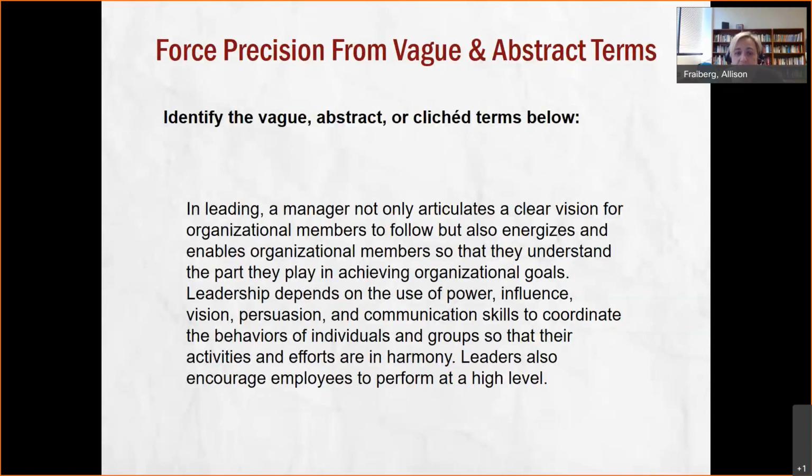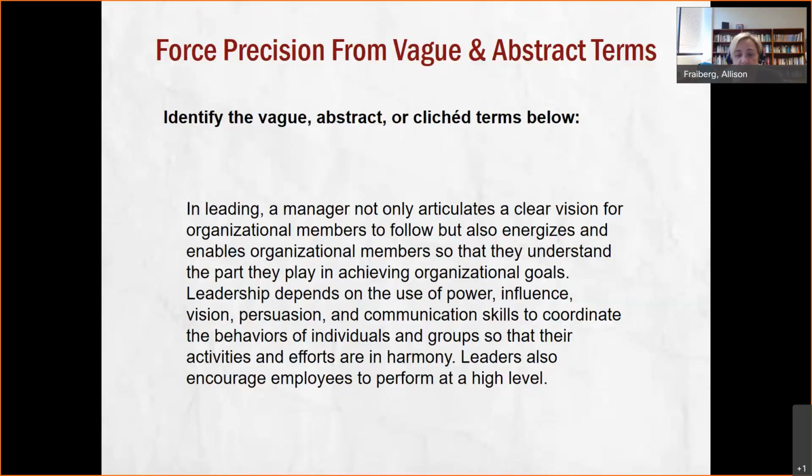Okay, here I go. In leading, a manager not only articulates a clear vision for organizational members to follow, but also energizes and enables organizational members so that they understand the part they play in achieving organizational goals.